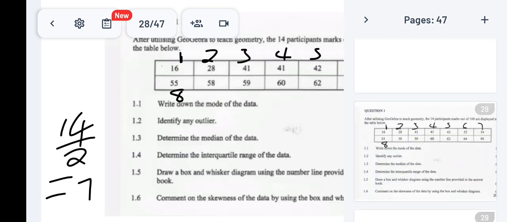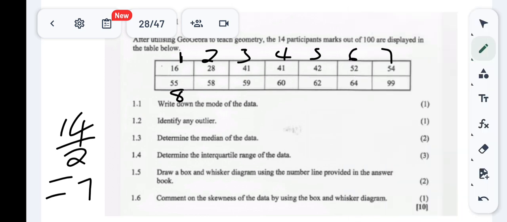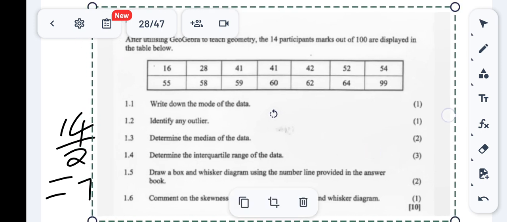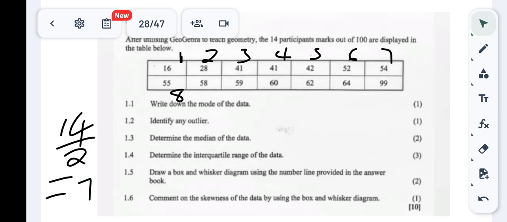Mean, we need to find the sum of all values, so that is 16 plus 28 plus 40 plus 41 plus 41 plus 52 plus 54 plus 55 plus 58 plus 59 plus 60 plus 62 plus 64 plus 64 plus 99, then divide by the number of values, which is 14.